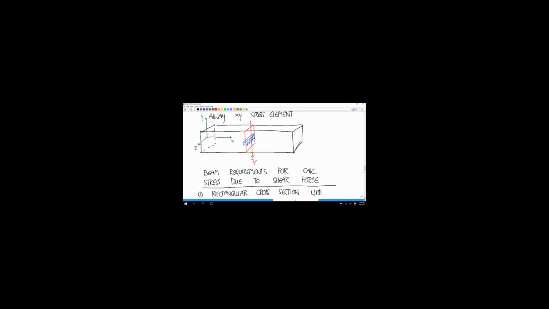I don't know whose idea that was, but that's what we do. And a positive shear force corresponds to downward XY stresses, but downward XY stresses on the X face, that's in the negative Y direction. And that's why the signs are opposite of each other.